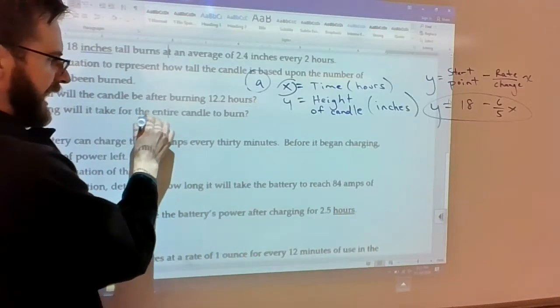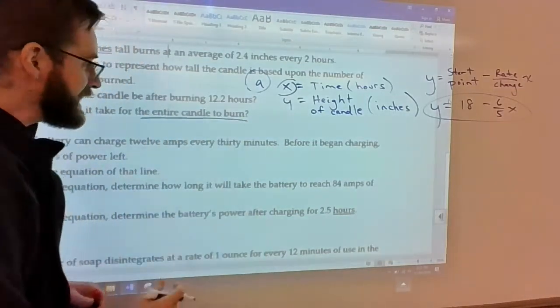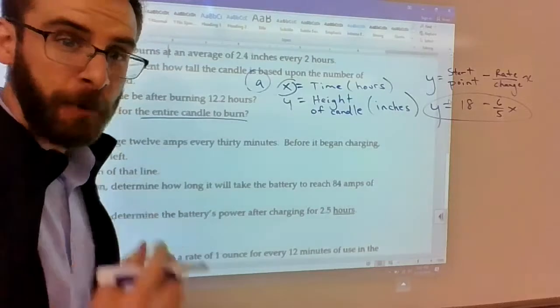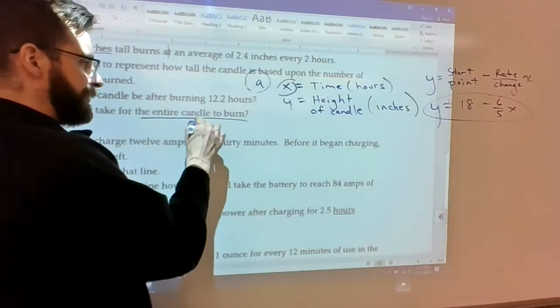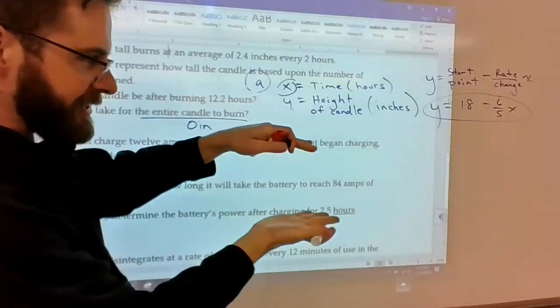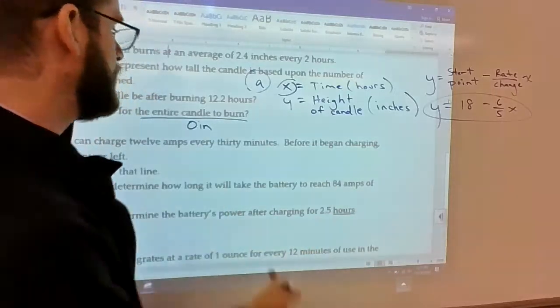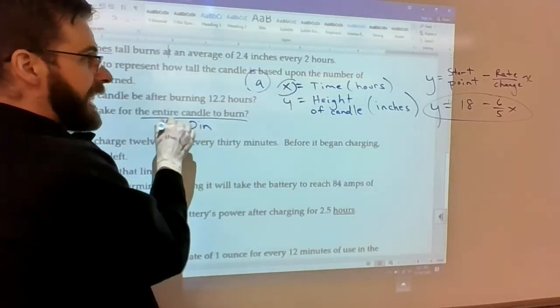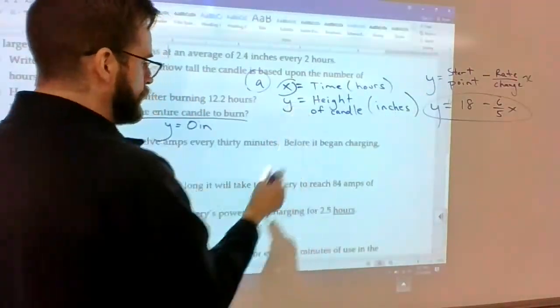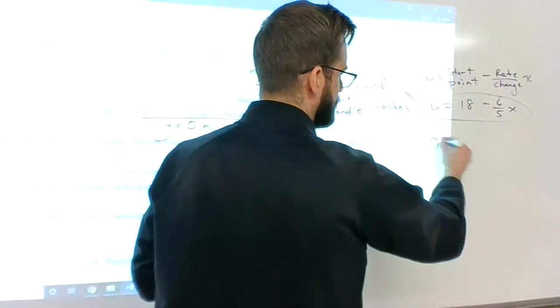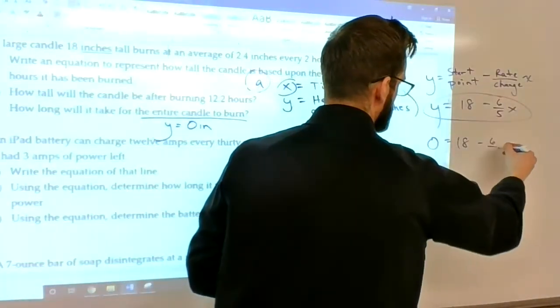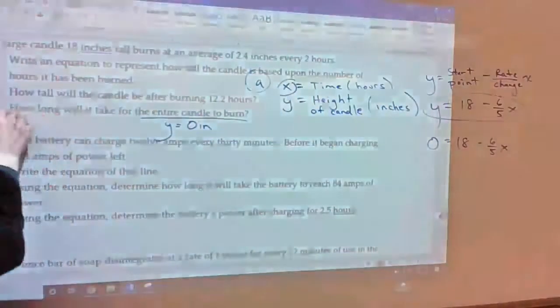Well, if the entire candle has burned, how much of it is left? There is 0 inches in height of candle. It's just a blob. 0 inches would be a y value. So you're basically saying let y equal 0.